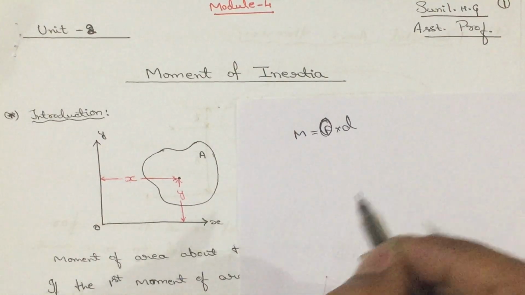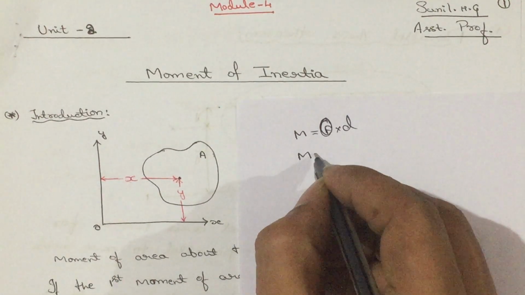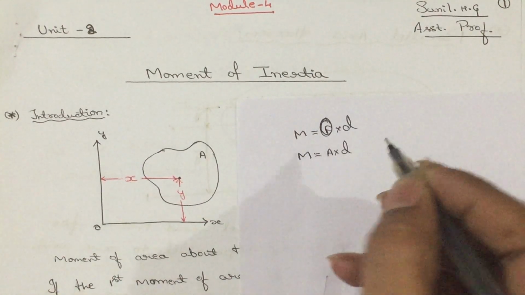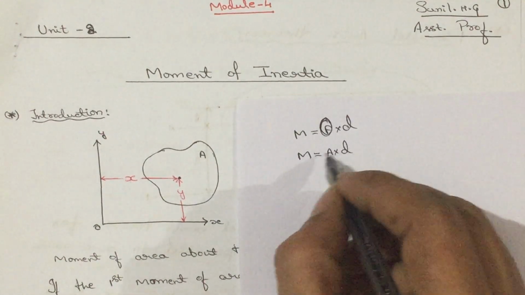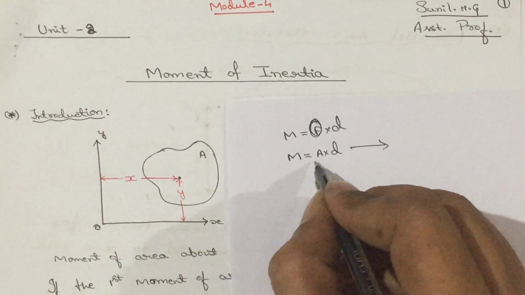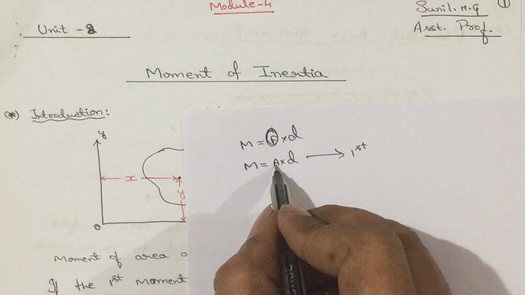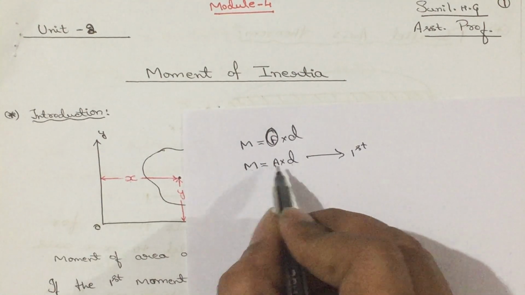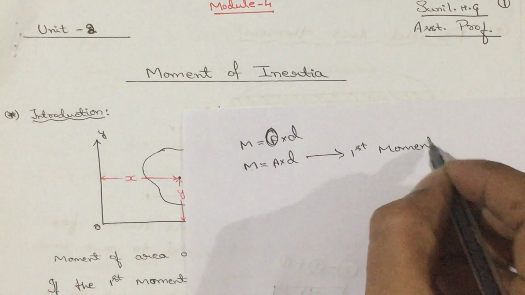Similarly, the moment of an area is given by area multiplied by distance. If we multiply the area with the perpendicular distance, we get the moment of the area. We call that the first moment of area.